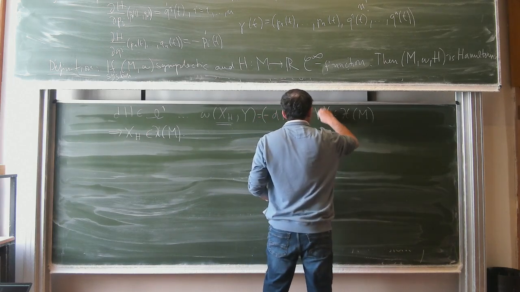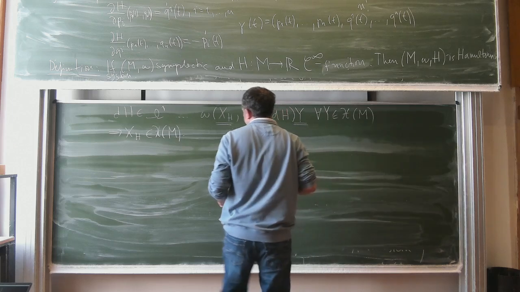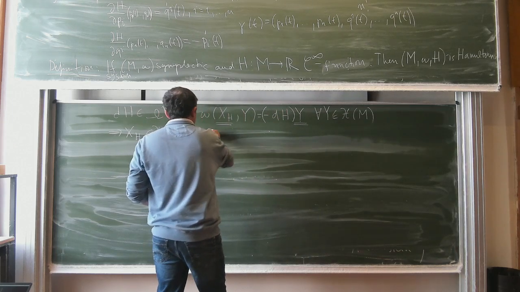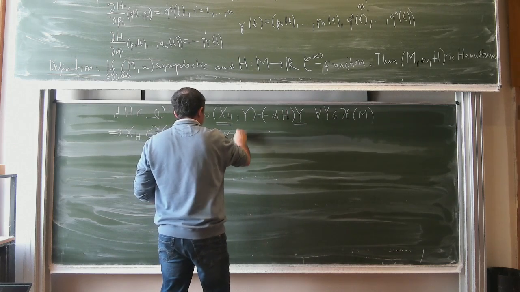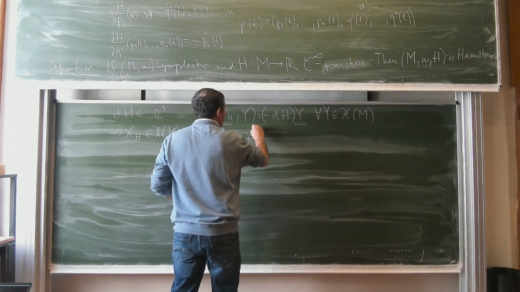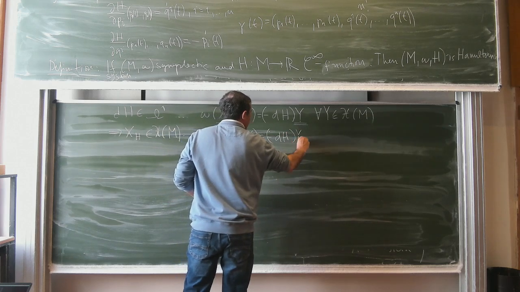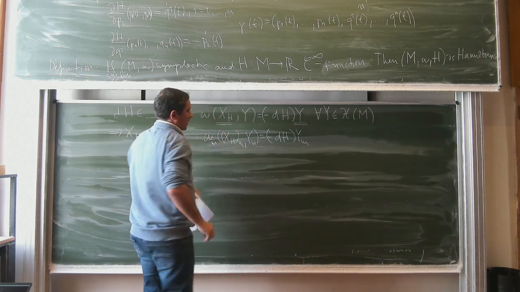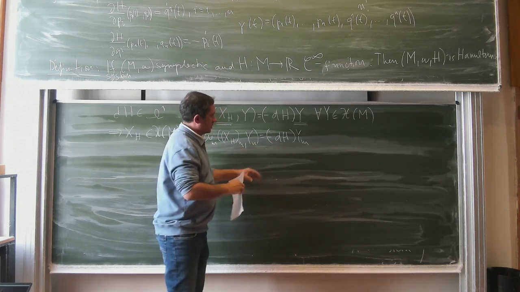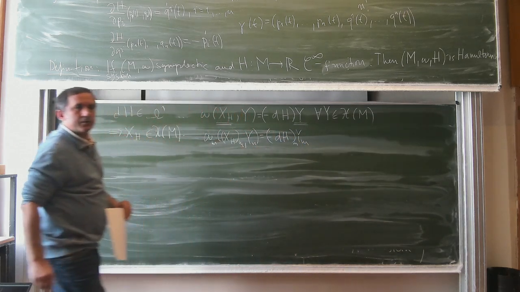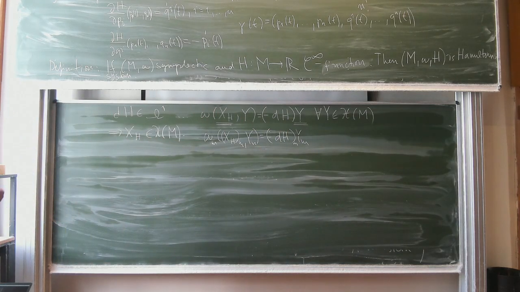So for each y this shall be true, and omega(X_H(m), y) is just minus dH(y) at m, where dH is a linear form at the point m.